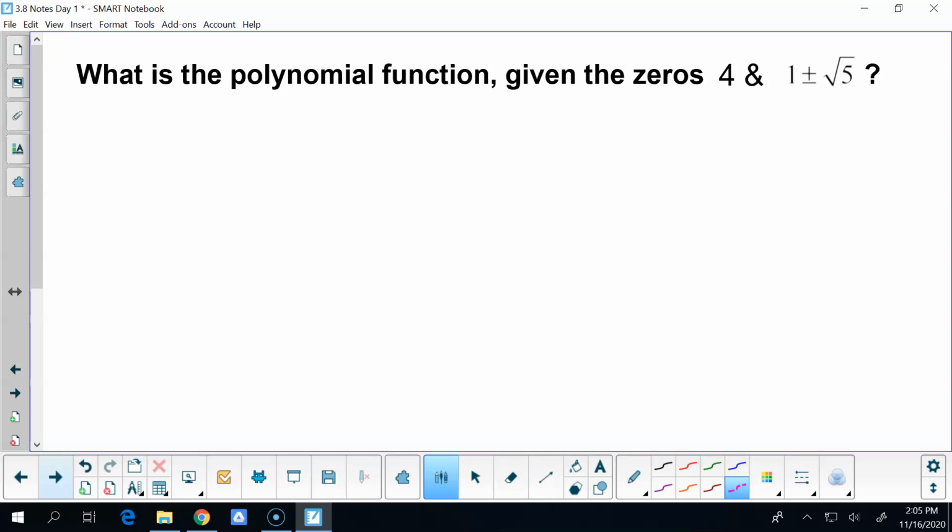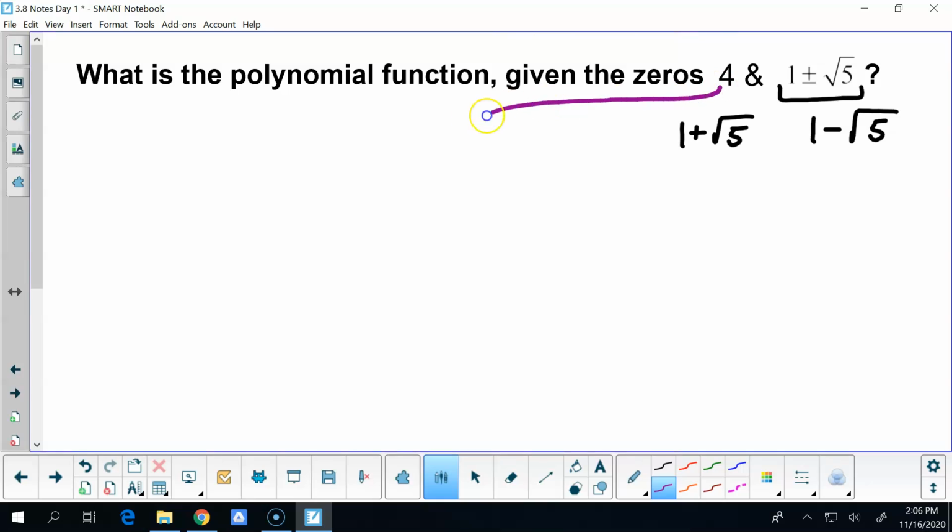Now, you might get some funky looking zeros, and that's just fine. You can handle that. First off, this zero here is 1 plus the square root of 5, and it's 1 minus the square root of 5. I have to treat them as separate numbers. So this 4 would give me a factor of x minus 4. This one gives me a factor of x minus 1 plus the square root of 5.